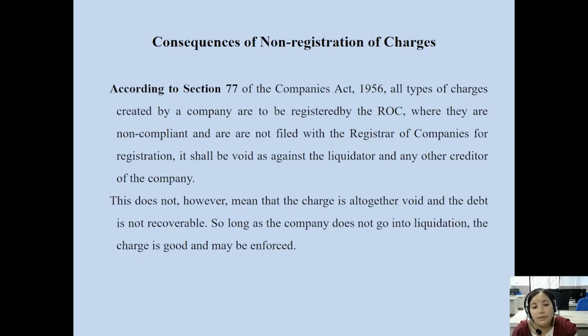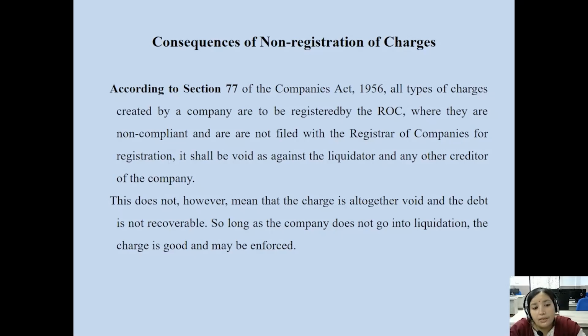If a complaint is filed by the bank or financial institution in respect of repayment of the amount due, but the charge is not registered, it is not a valid transaction. It is void. If we try to enforce it in the court of law, it is declared void against the liquidator and any other creditors of the company. So this is section 77 of the Companies Act, about the consequences of non-registration of charges.